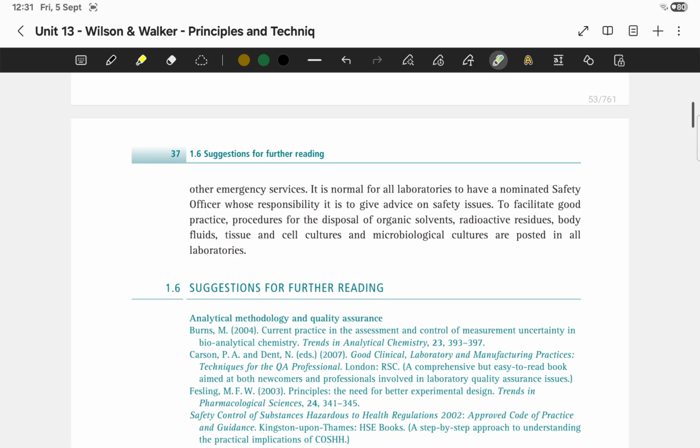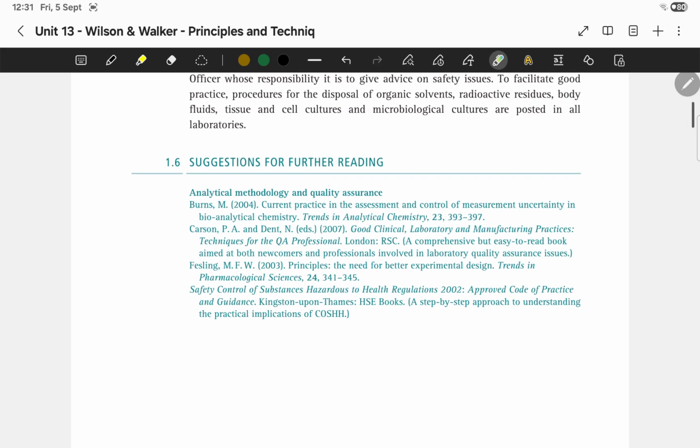It is normal for all laboratories to have a nominated safety officer whose responsibility it is to give advice on safety issues. To facilitate good practice, procedures for disposal of organic solvents, radioactive residues, body fluids, tissue and cell culture, and microbial culture are posted in all laboratories.